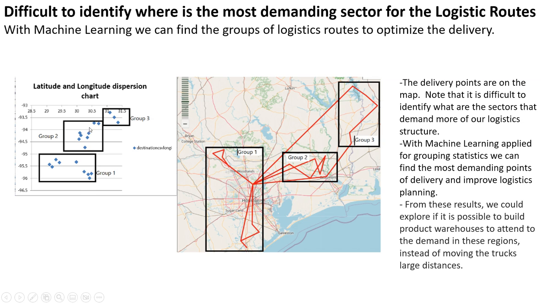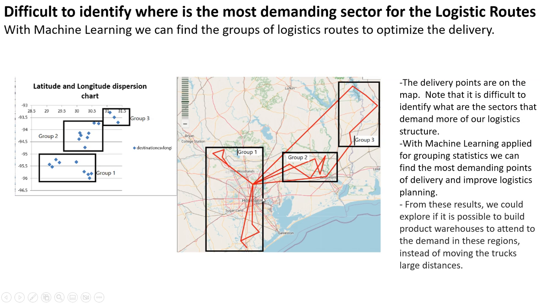we can see in this figure where the algorithm already classified what are the groups of our logistic groups, like here, group 1, group 2, and group 3. And from these results, we can explore if it is possible to build a product warehouse to attend the demands in these regions.